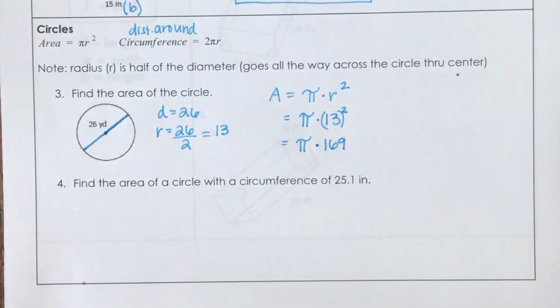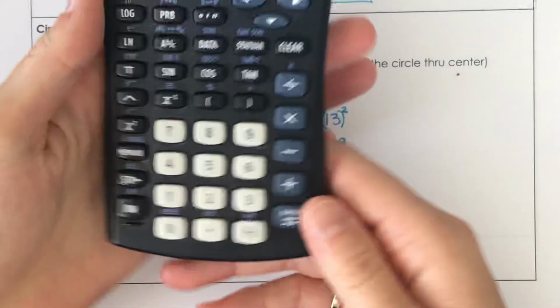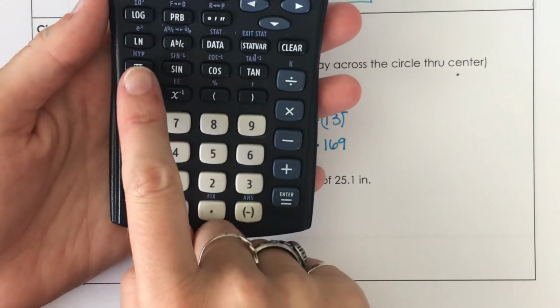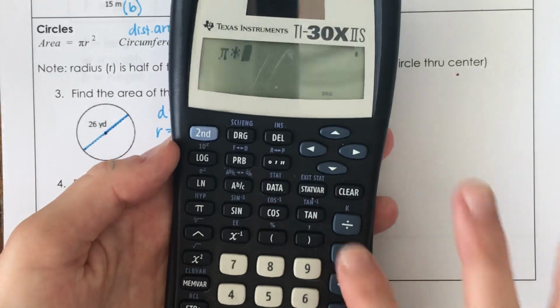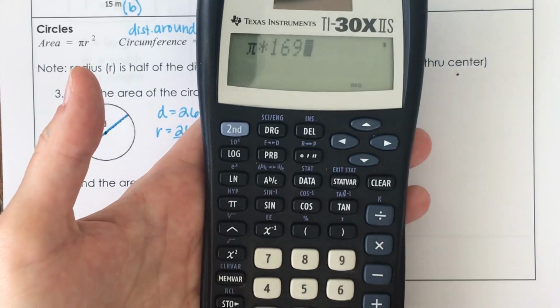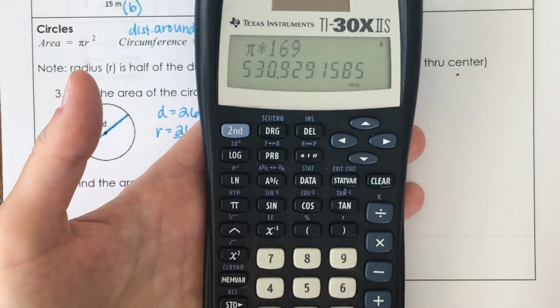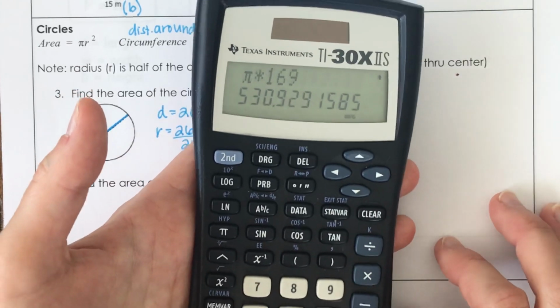Now it depends what kind of calculator you're using. Your phone should have a pi button. You're probably just going to have to turn your phone to the side. If you've got a calculator that looks like this one, there is an actual pi button. You just click the pi button, okay? And then you would put times whatever the number is that you're looking for. And we're going to multiply it times 169. If you don't have a pi button on your calculator, then you can just use the number 3.14.